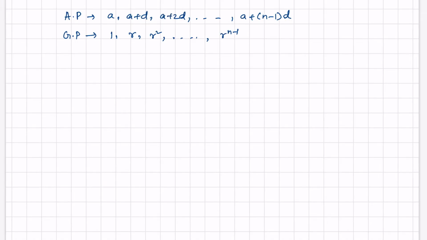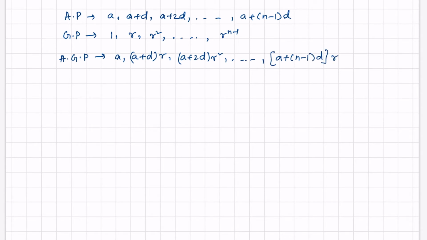Now the corresponding AGP is a, a plus d into r, a plus 2d into r square and so on, a plus n minus 1 into d into r power n minus 1.